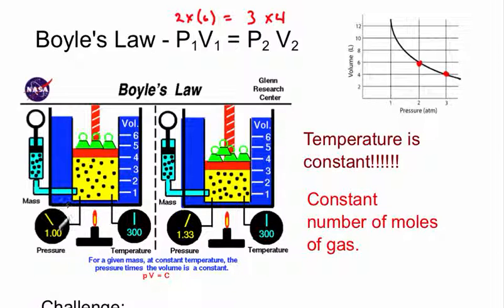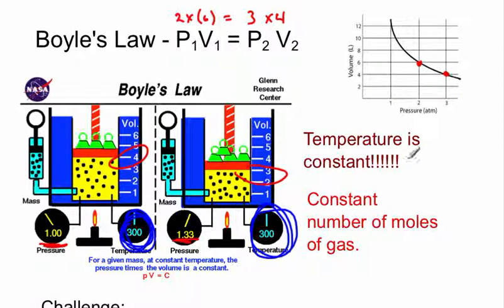But we changed pressure. Originally the pressure is 1, we changed the pressure to 1.33 because we are decreasing the volume. Here we have a volume of around 4 right there, and we're going to decrease it to about 3. And you notice that the pressure is also changing, but what is not changing is the temperature. It stays the same.